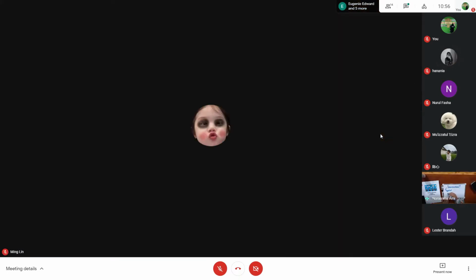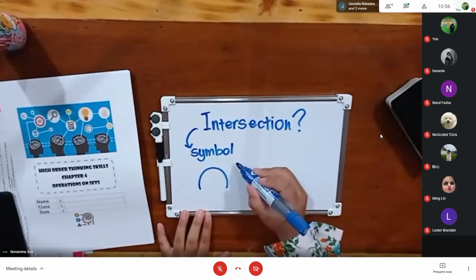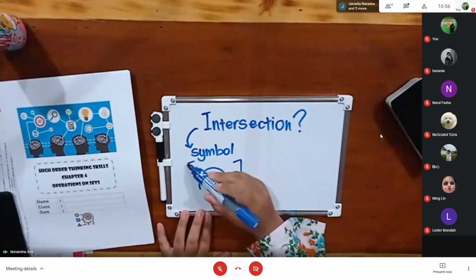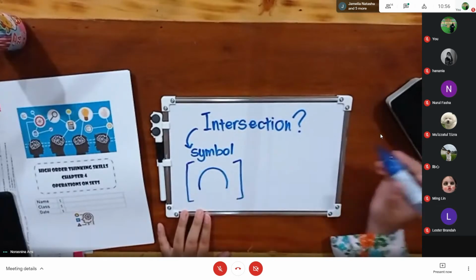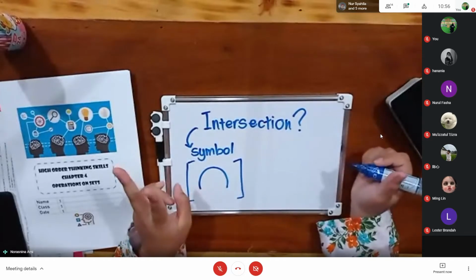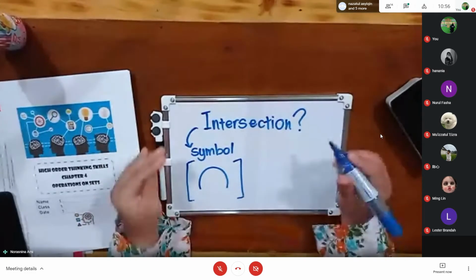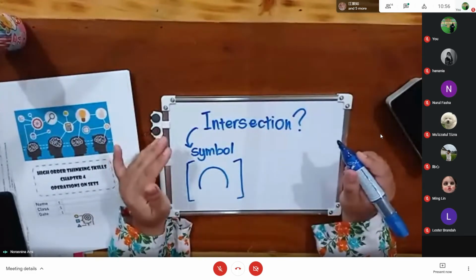N. Yes, this one. Okay, the symbol for intersection is this symbol. Intersection means the set that has a common element between two sets. Okay, that is the intersection.